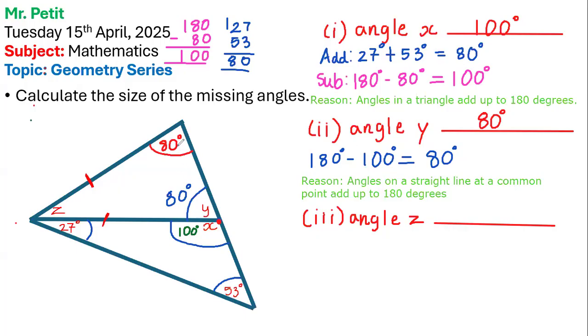So you basically finish. If you already know that this is 80 and that is 80, then all we need to do is subtract that from 180 to get C. So let's go ahead and do that.